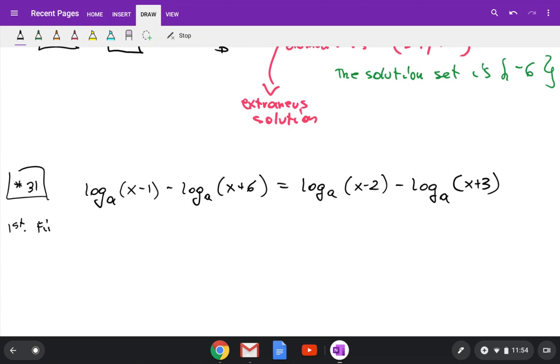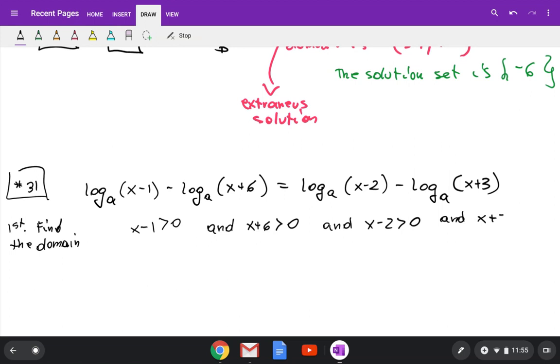First, what I'm going to do is find the domain, because we don't want to have those extraneous solutions. So how do you find the domain? You take the expression next to log and solve an inequality. x minus 1 has to be greater than 0, and x plus 6 has to be greater than 0, and x minus 2 has to be greater than 0, and x plus 3 has to be positive.